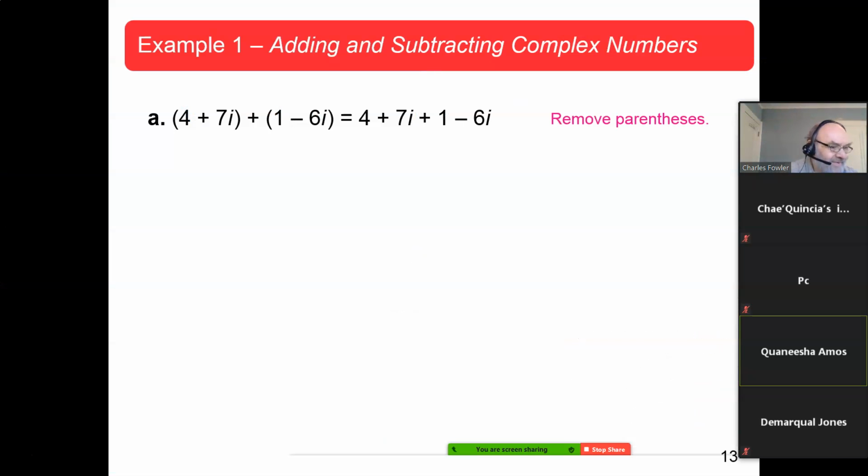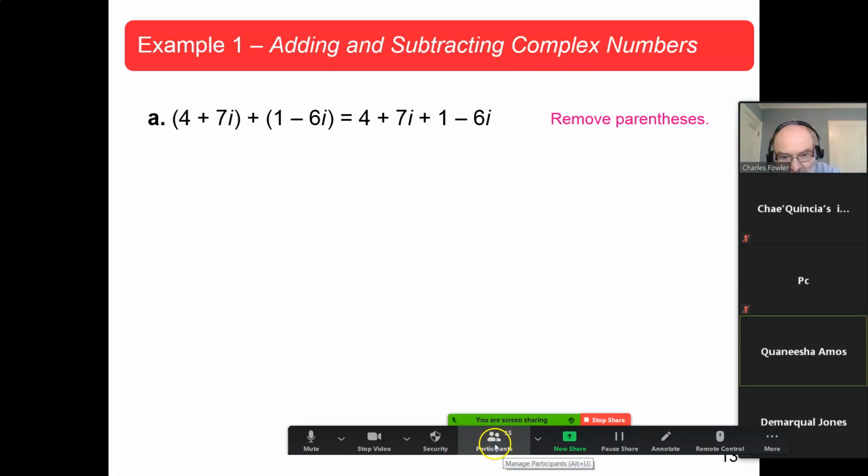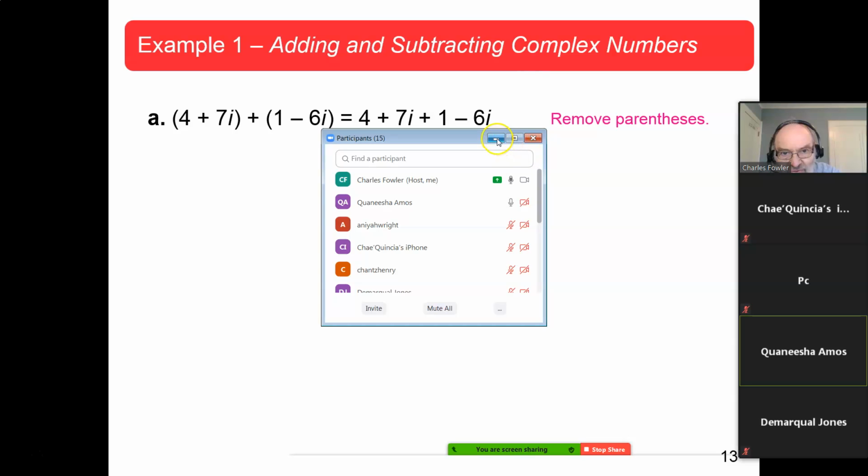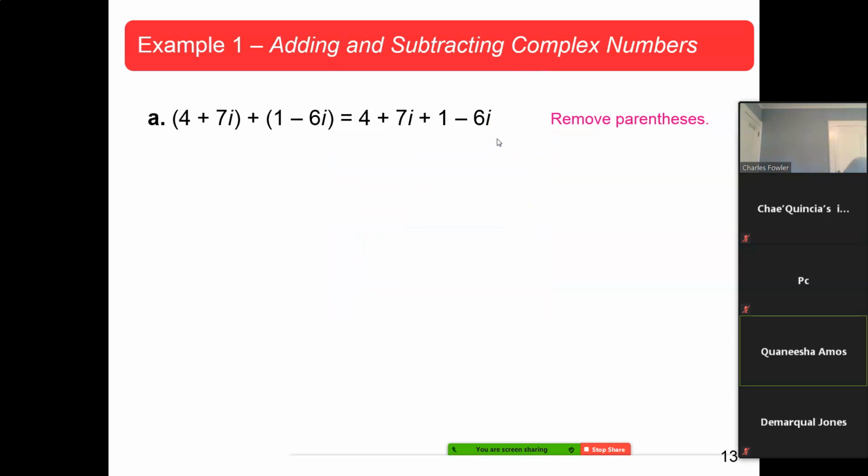Now, originally, when Shay asked her question, I was afraid I had forgotten to put, now let me just check again and make sure I've got everybody here. I've been occupied doing other things. We should have 14 students here, so let's see if I do. 1, 2, 3, 4, 5, 6, 7, 8, 9, 10, 11, 12, 13. No, I'm missing somebody.